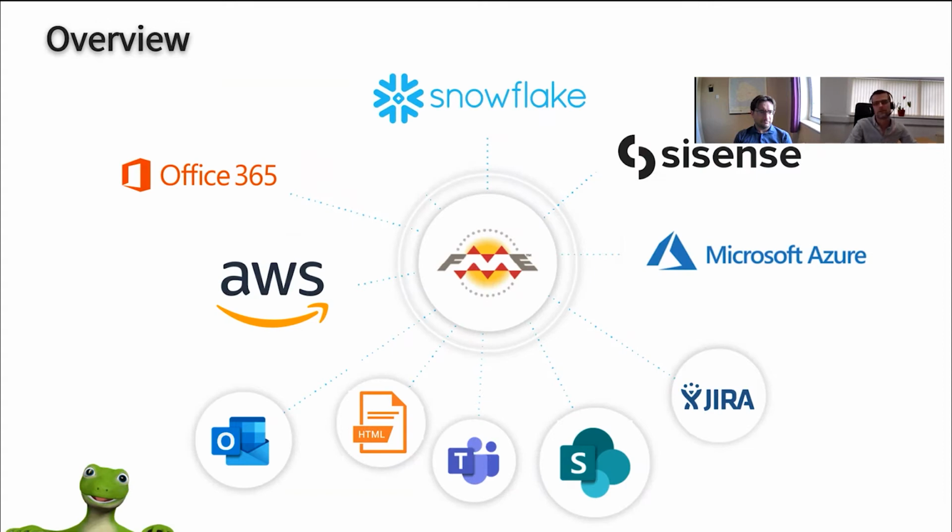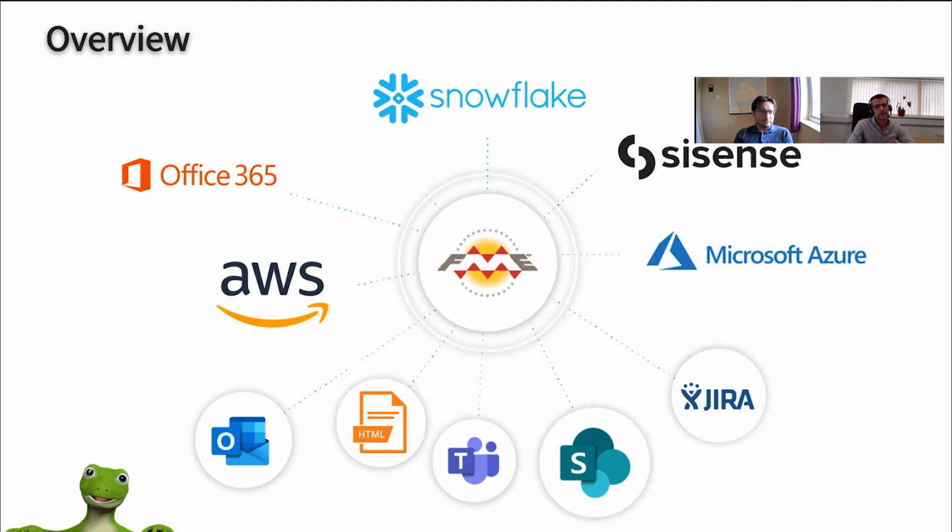And then the final piece for me before I hand over to Gavin is just an overview of all the technologies that we're going to be speaking about today, which we bring together to build a solution. You'll see very prominently in the center is FME, that ETL platform in the center that's pushing and pulling that information out to these different source systems, whether it's cloud like AWS or Azure, or applications like Office 365, which has just gained huge momentum over the last year or two, given our current circumstances.